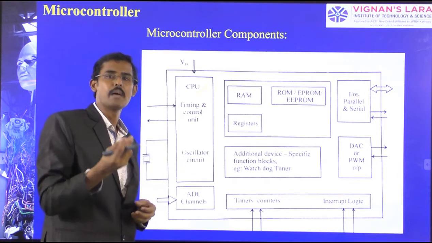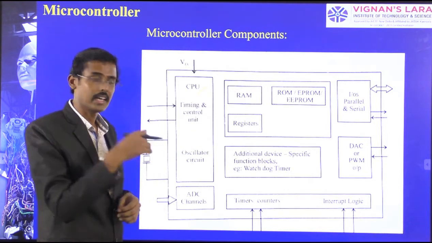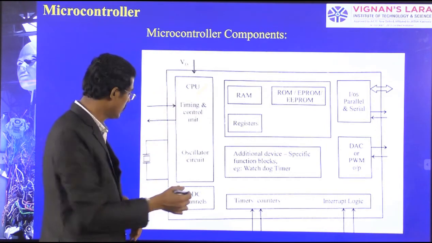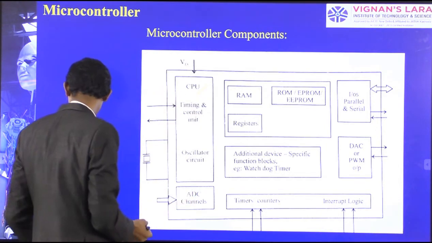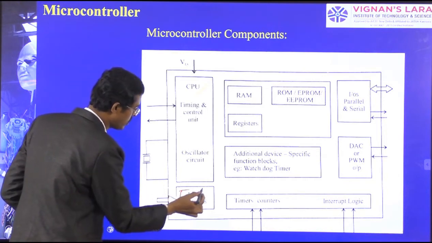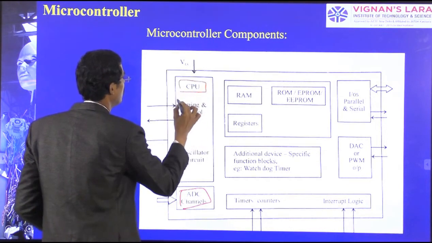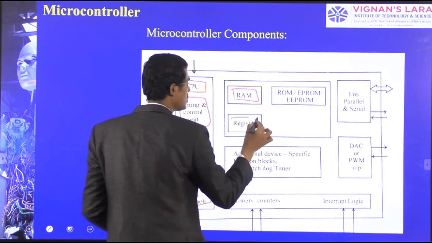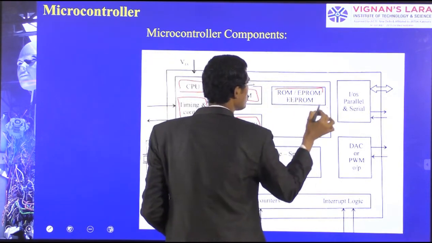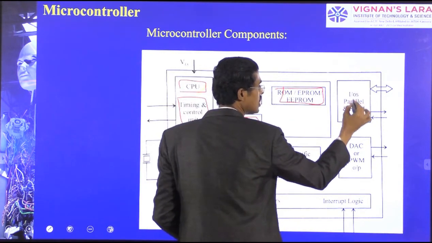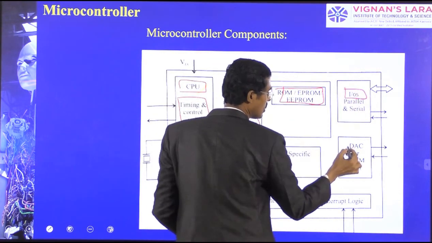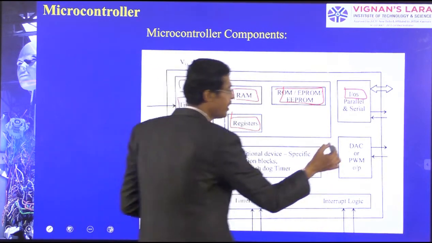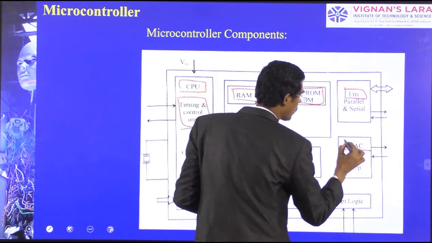Imagine a pen drive for this example. It contains a small CPU to do the job and timing control units, then the analog to digital converters. Here we have the CPU, timing control units, fixed RAM, temporary registers, and ROMs, and input output serial signals. Here we have analog to digital converters. Here we have digital to analog converters.